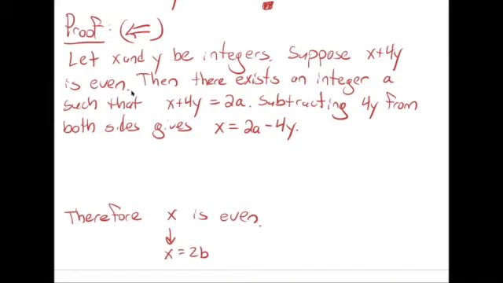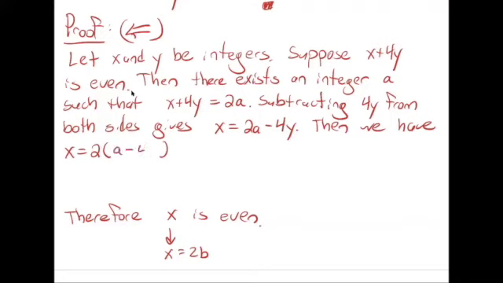Okay, and so now we've got the 4y moved to the other side. We would like to get to the point where we can show that x is equal to 2 times some integer. We're just about there, right? So now that I've moved the 4y to the other side, I can write that x is equal, I can pull out a 2 from each of those terms.